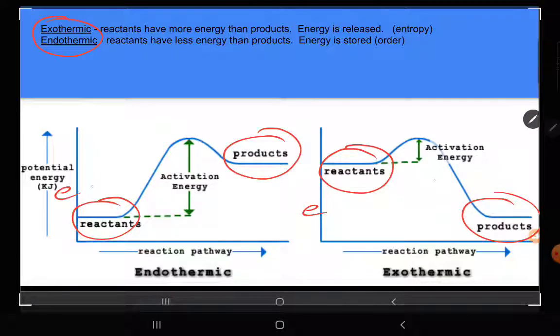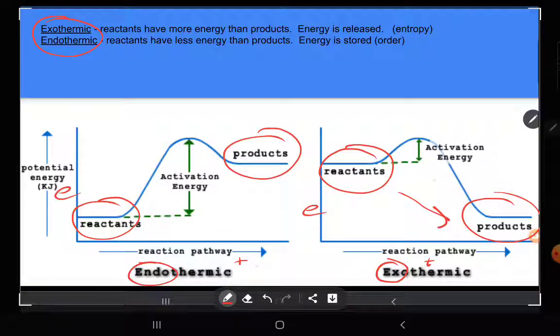This y-axis is energy, and this x-axis is time or path. And so if your reactants start off with less energy and then gain it, you can see how the products are higher on the energy. Well, that means that energy was absorbed, and so this must be endothermic. Whereas here you can see it was lost, and therefore it is exothermic.